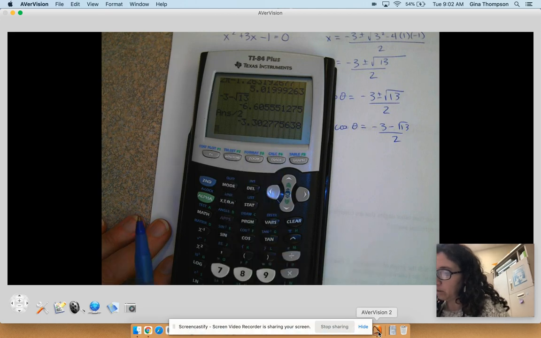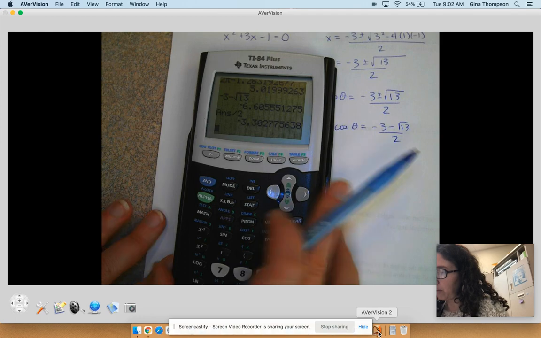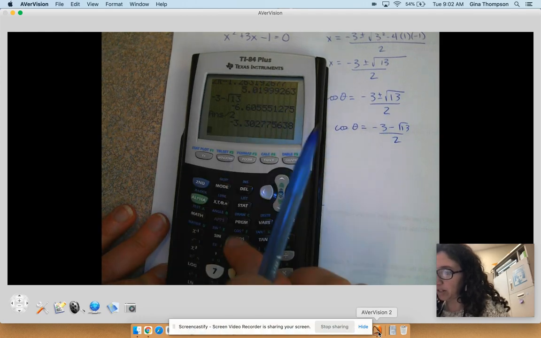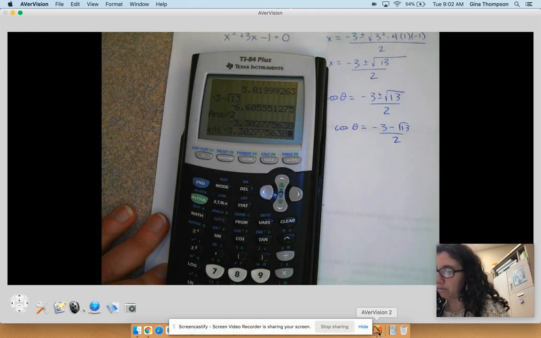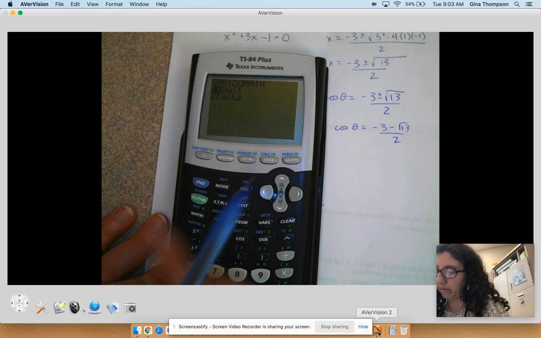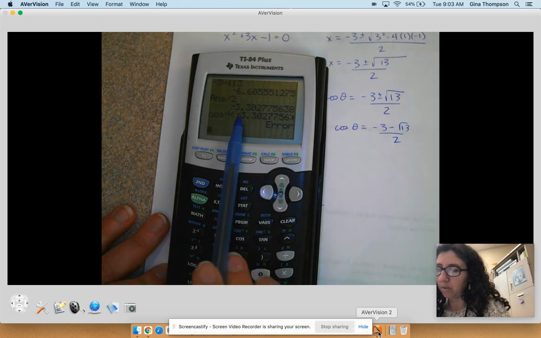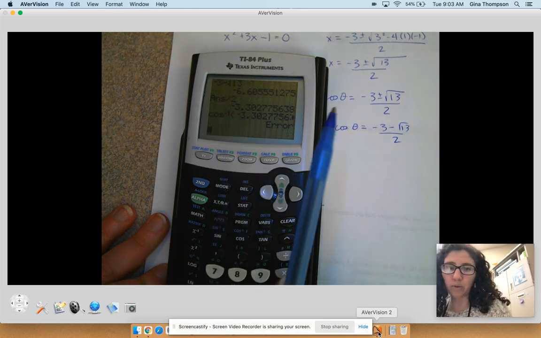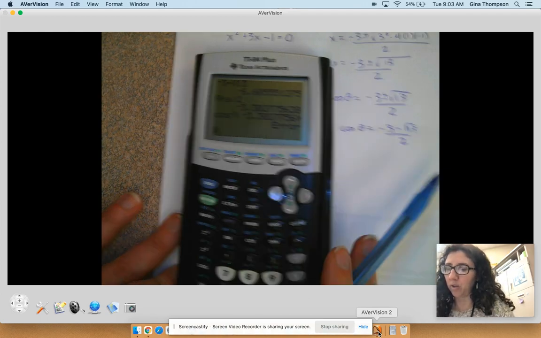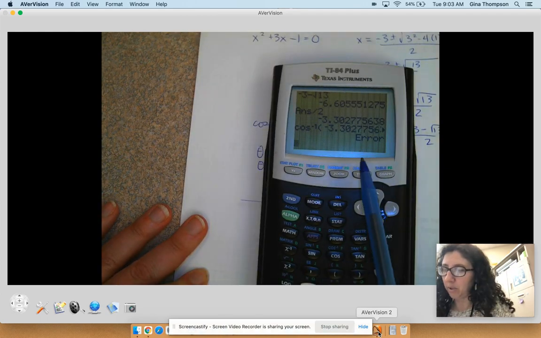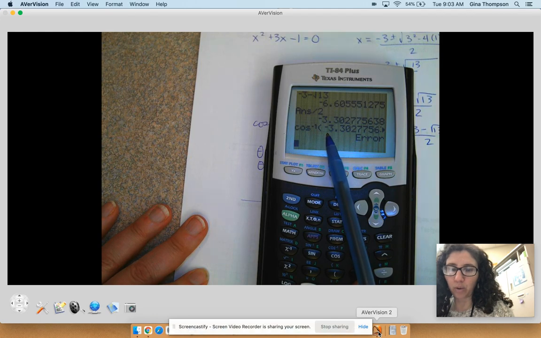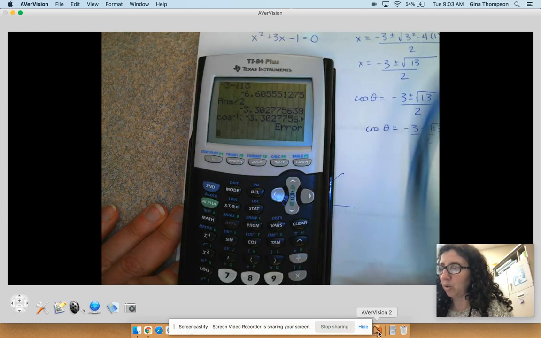And what do I get if I find the inverse cosine of that? Anticipate what's going to happen. Error. Why? Well, I can't find an inverse cosine of something outside the bounds of -1 to 1, right? Cosine is only defined from -1 to 1. So this has no solutions.